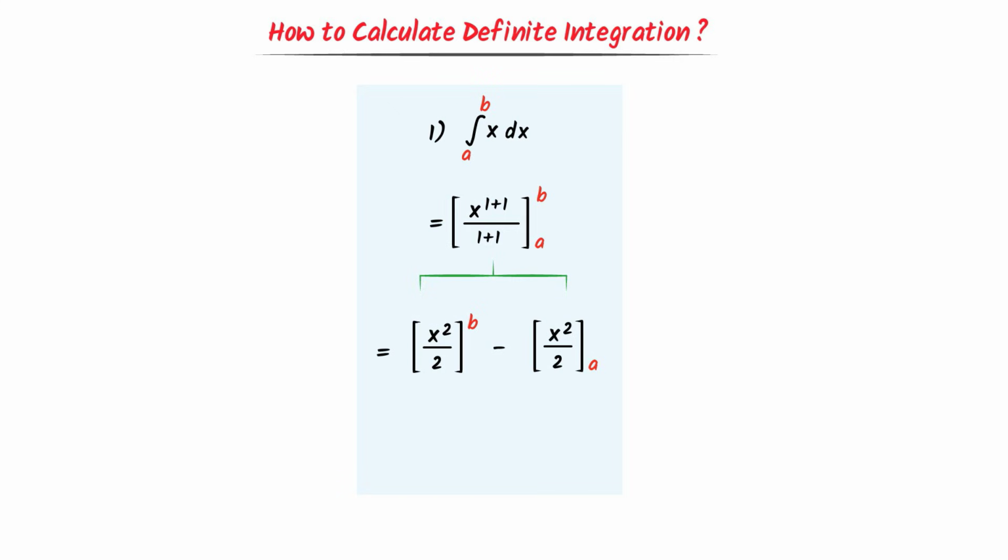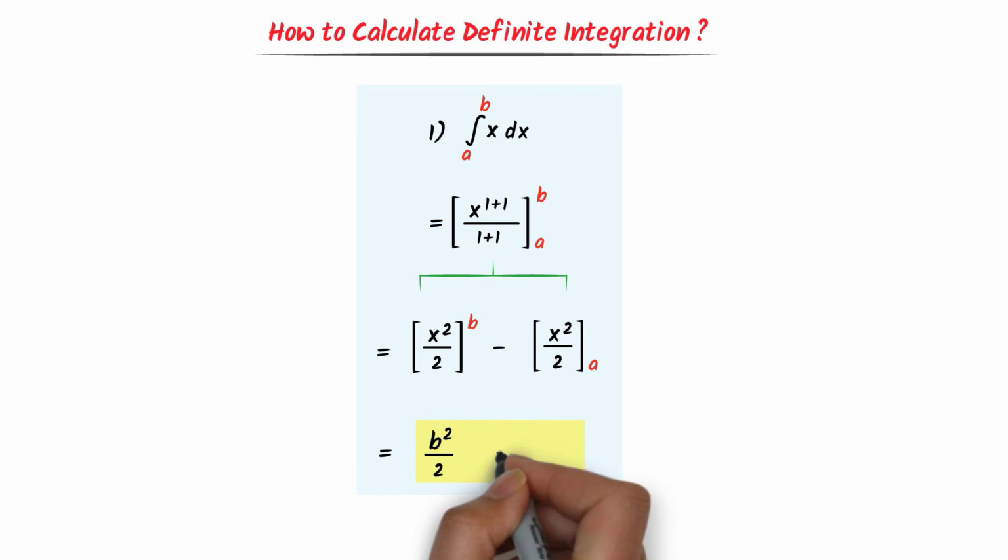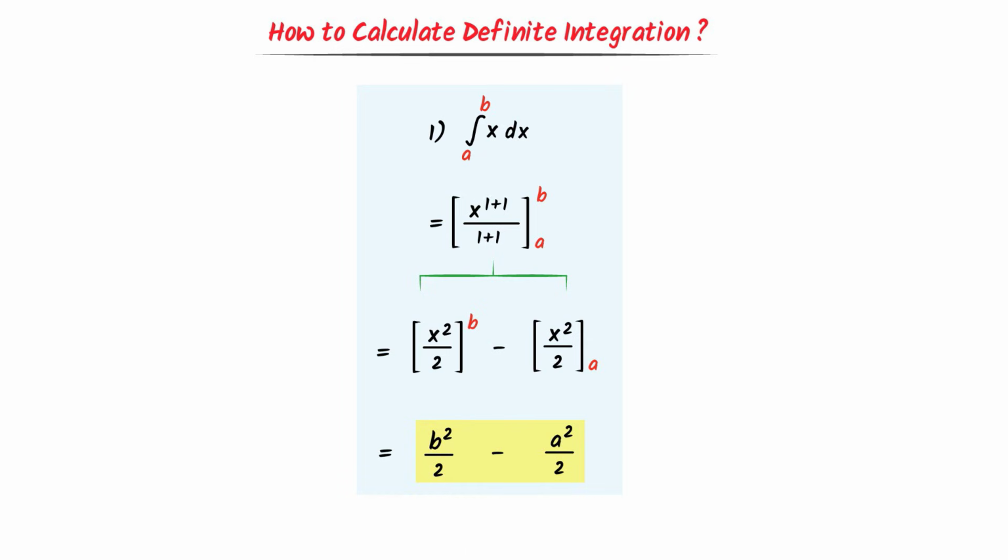Now I put the value of the upper limit and the value of the lower limit instead of x. I get b squared upon 2 minus a squared upon 2. Or I get b squared minus a squared upon 2. Hence, this is the answer of this definite integration.